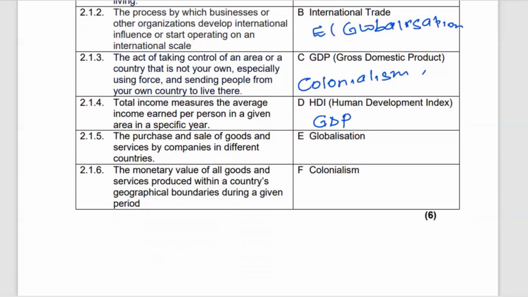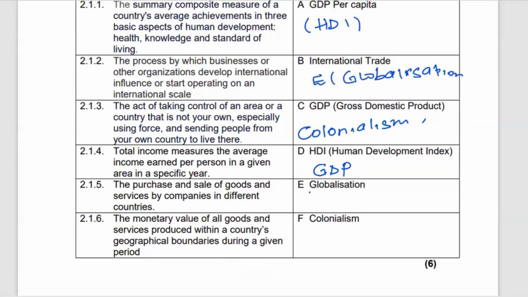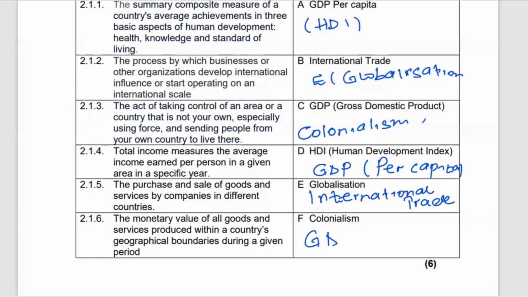The purchase and sale of goods and services by companies in different countries, that is international trade. Then we have the monetary value of all goods and services produced within a country's geographical boundaries during a given period. That is C. Okay, this was GDP per capita, and this is GDP, which is the gross domestic product.